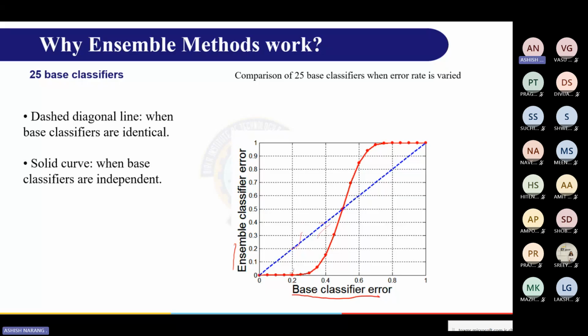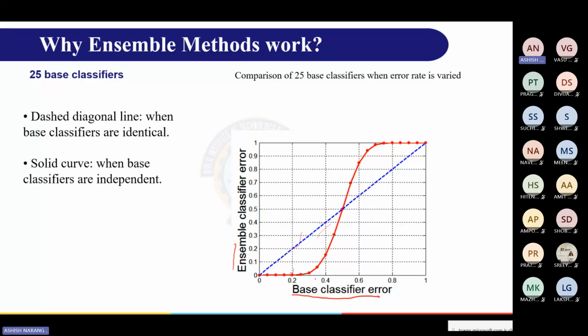When the base classifiers are independent, I mean, they're trained with different models and all, so different error rates are there. So this is what it is. Initially, the base classifier is giving an error rate of 0.2, and the ensemble is at error 0.